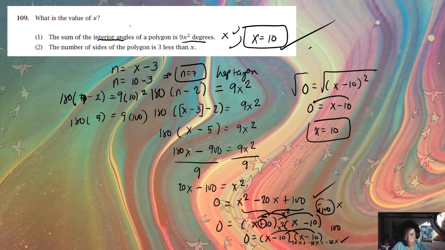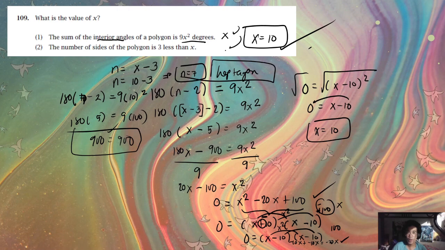And what's 180 times 5? So that's equal to 900. So 900 is equal to 900. So therefore you're very confident, 100% positive based from our checking, that this is a heptagon. It has 7 sides, and the value of x is equal to 10. And that's how we solve this problem.